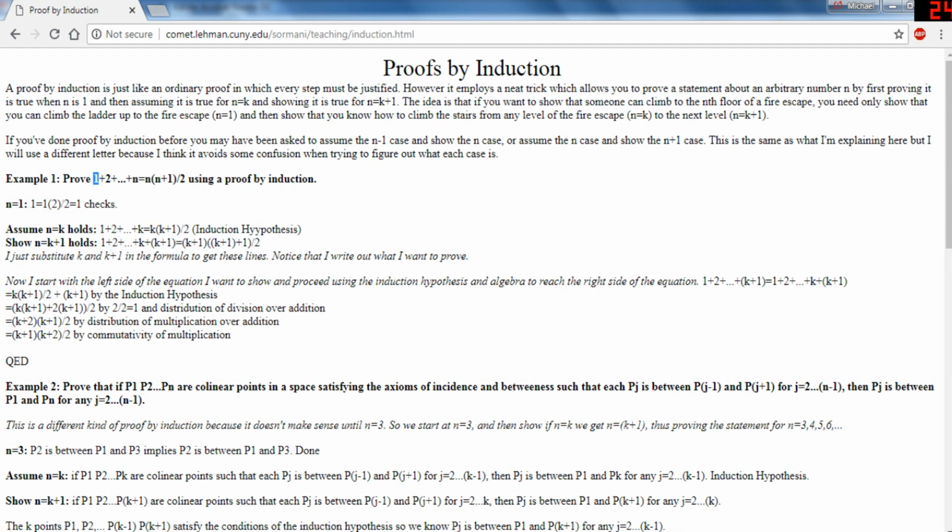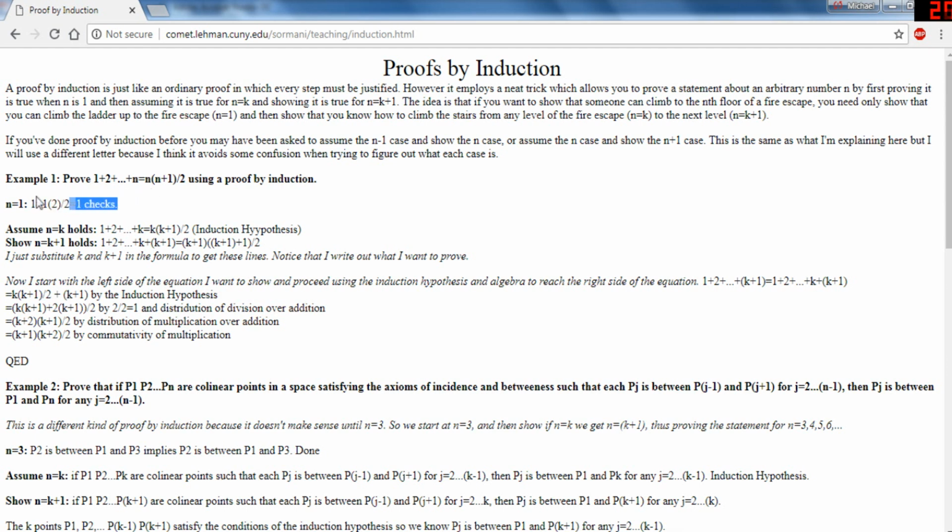Does the sum from 1 to 1 equal 1 times 1 plus 1 over 2? Does the left-hand side equal the right-hand side? Well, yes. For n equal to 1, you're not summing anything, really, so it's just 1 for the left-hand side. And that's equal to 1 times 1 plus 1, which is 2, divided by 2, which equals 1.